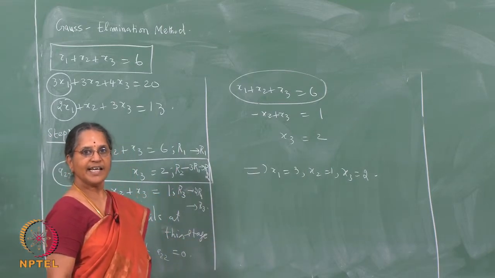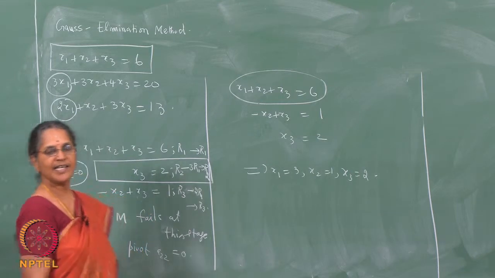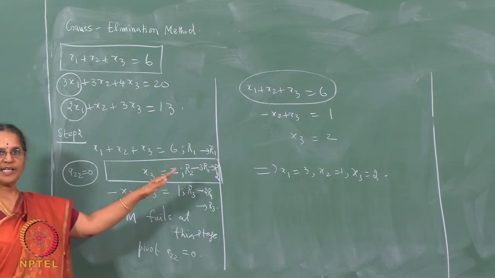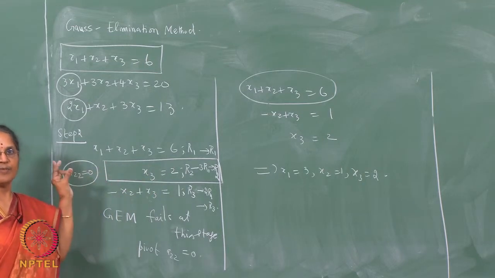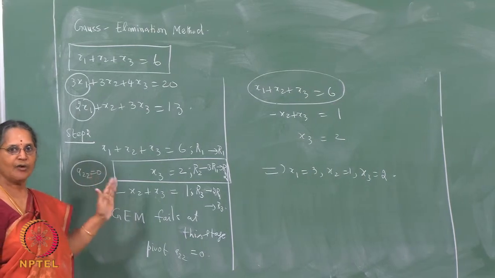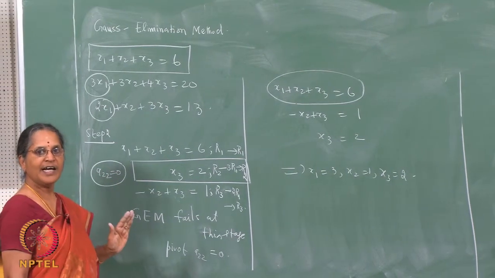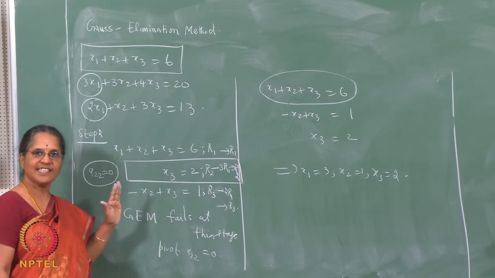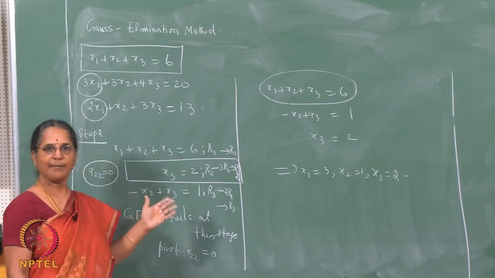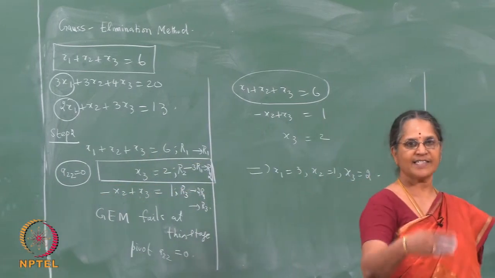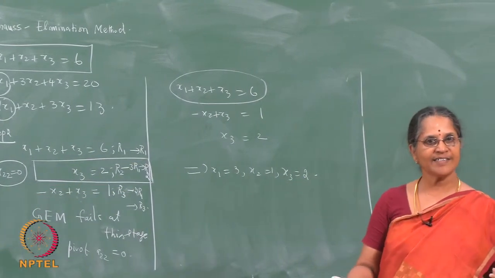But we did encounter some difficulty at our second step, where in the pivotal equation the pivot turned out to be 0, and therefore, we could not proceed further with the Gauss elimination procedure, and observe that the Gauss elimination method fails at this stage, and this can happen when you apply the Gauss elimination procedure to a given system of equations. When does it happen?